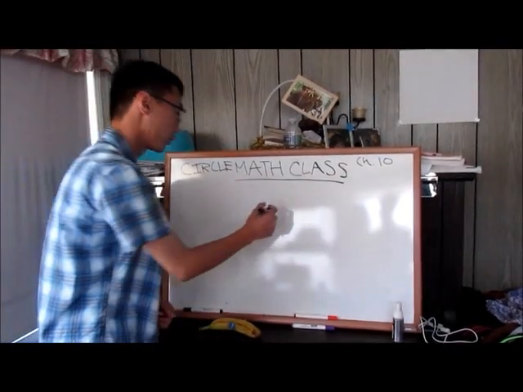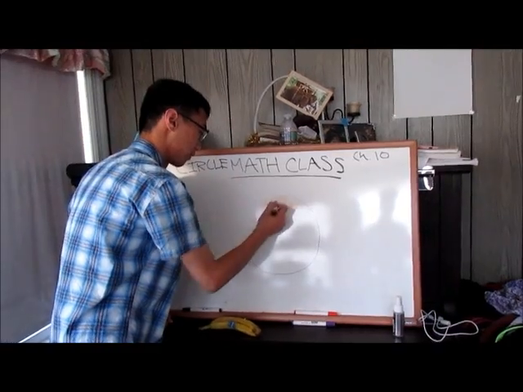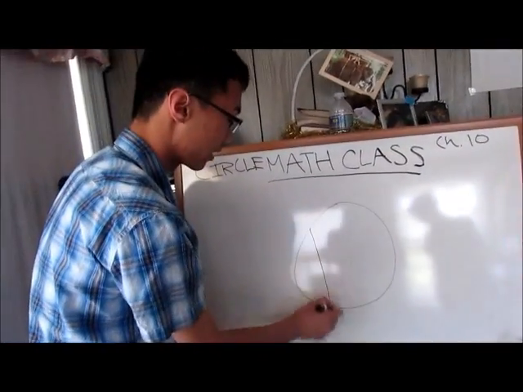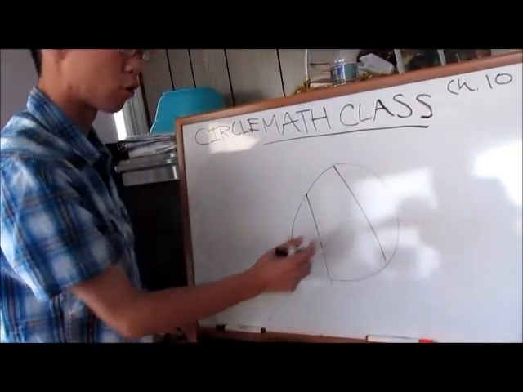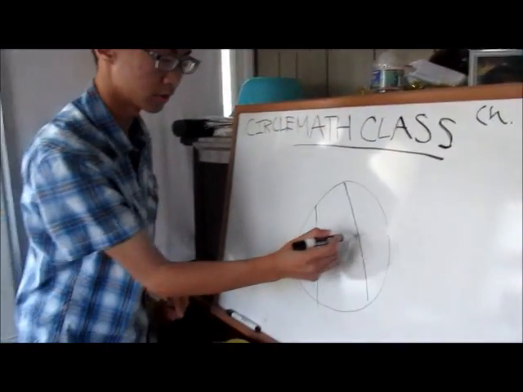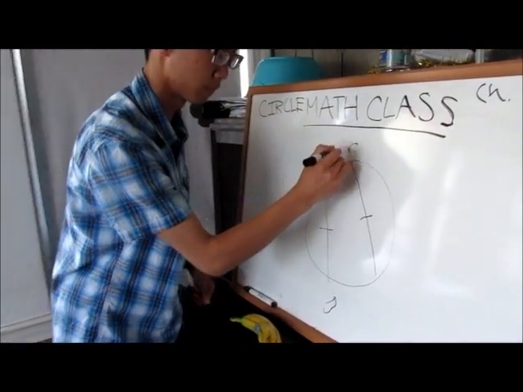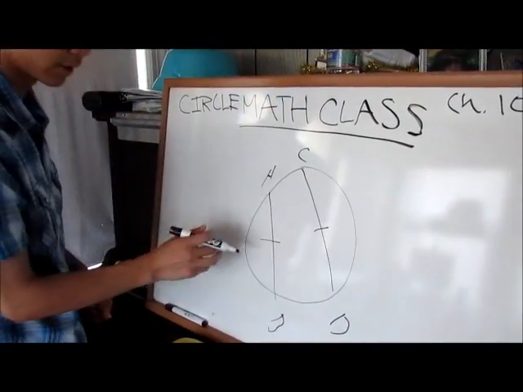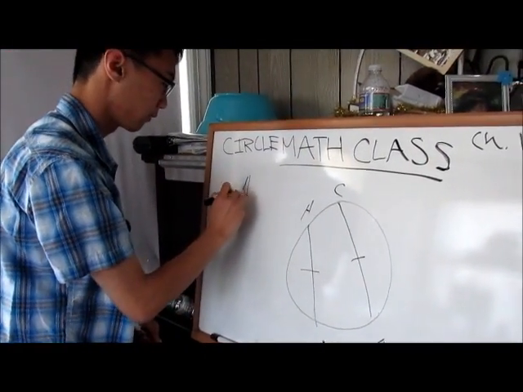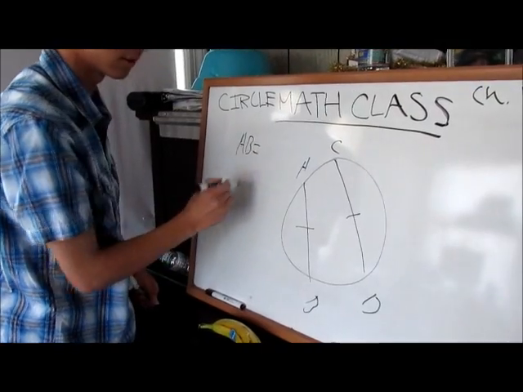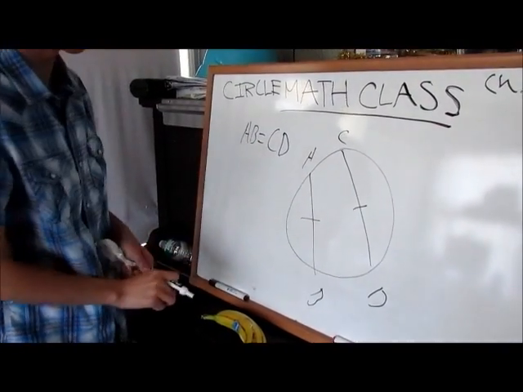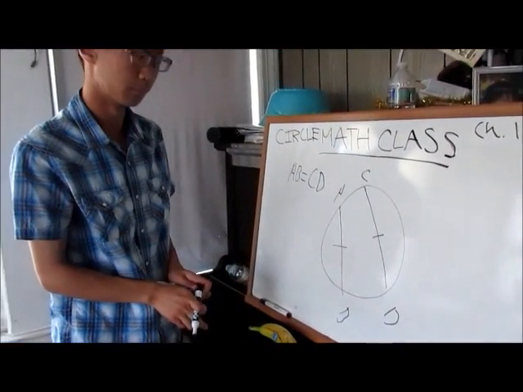Okay, so in a circle, two minor arcs are congruent only if their corresponding chords are congruent. So these two. So in here, AB is equal to CD, and that means these two minor arcs are equal.